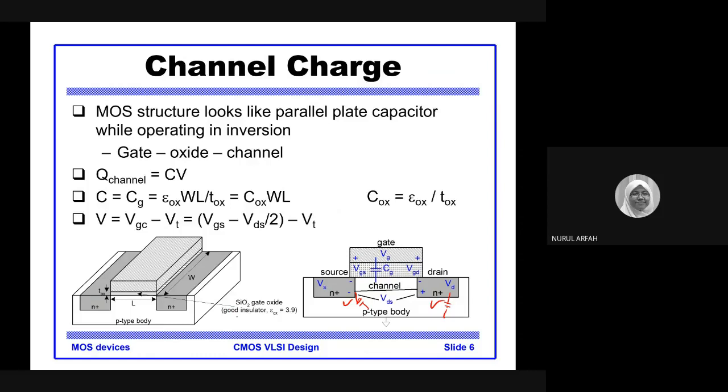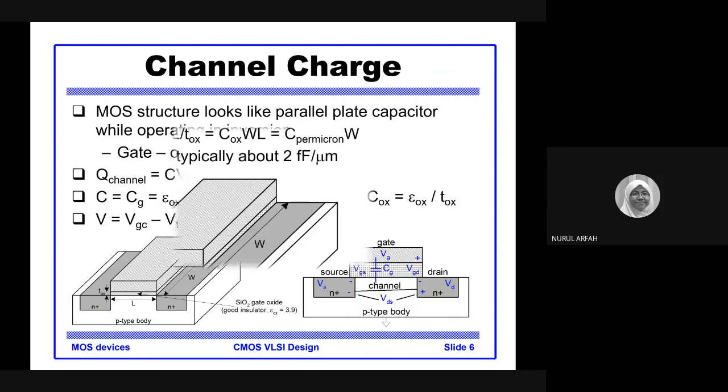Okay, for a good insulator, if you use silicon dioxide for the gate oxide, the epsilon oxide is equal to 3.9.